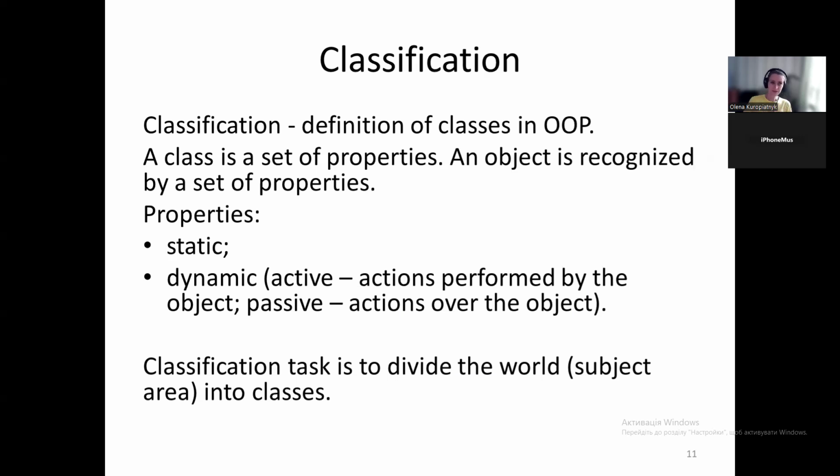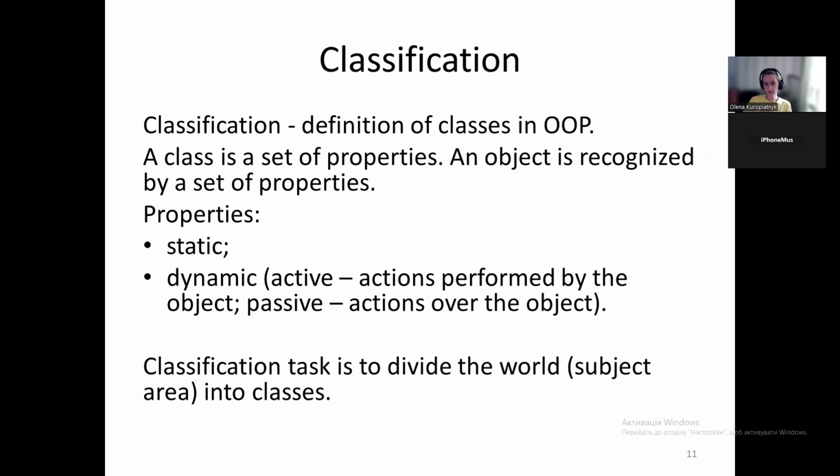And dynamic properties. Dynamic properties are functions that I can use, or actions that I can do. Dynamic properties can be of two kinds: active and passive properties.